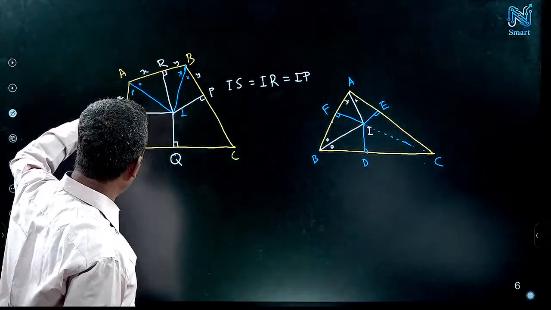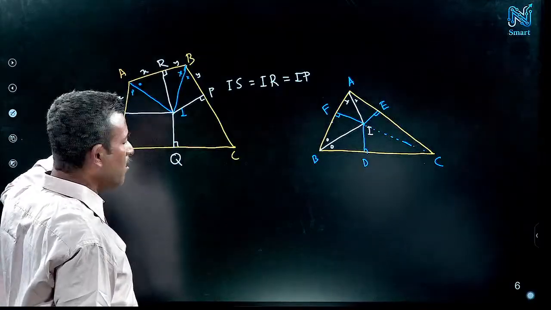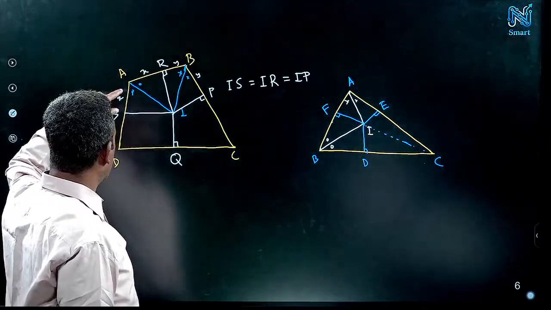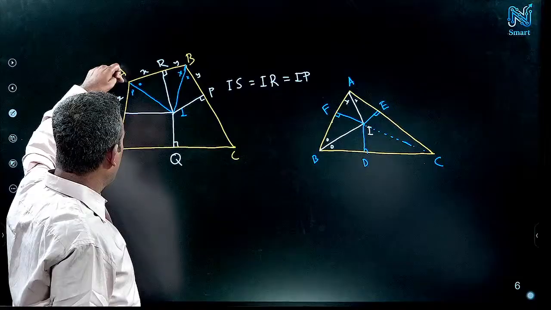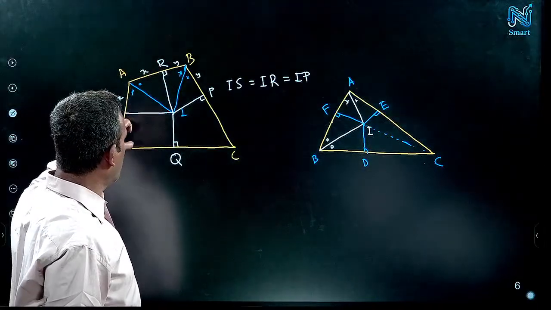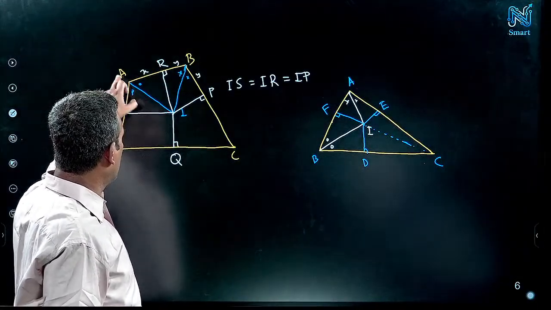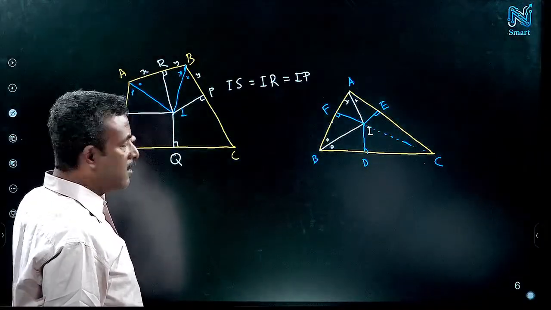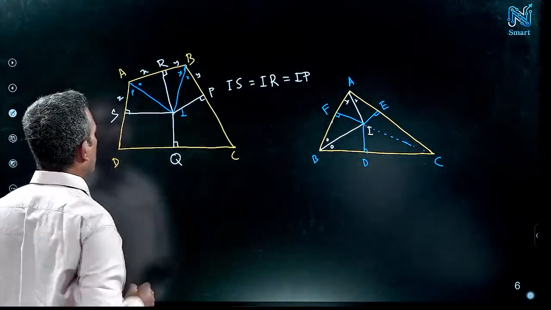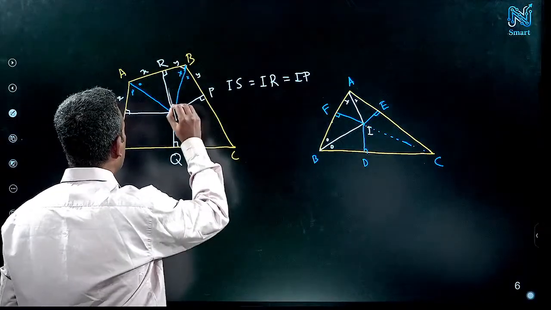Like that, AB will be a tangent and AD will be the tangent ultimately. So that means XX, because ARI and ASI are congruent. These two angles are equal, common side, 90°. And this is Y, right?